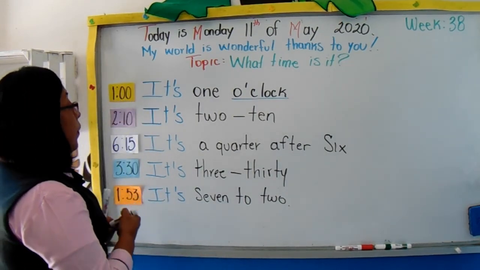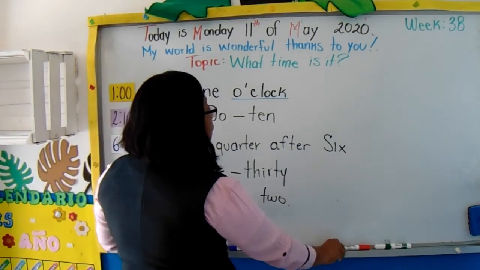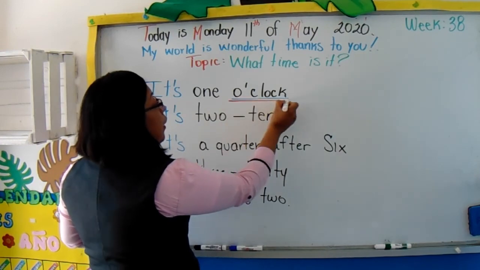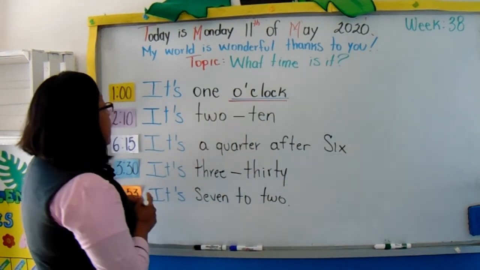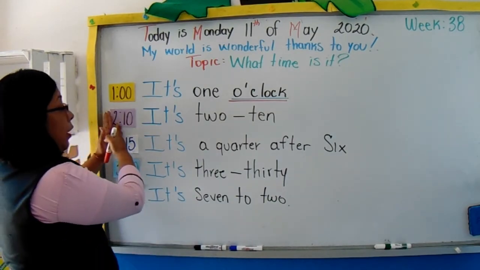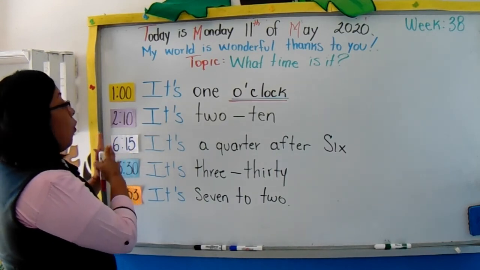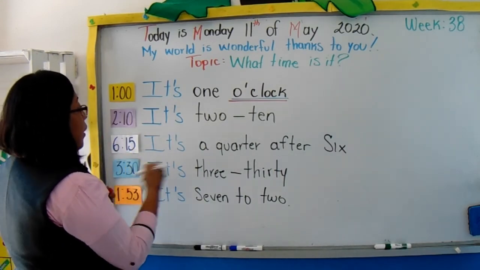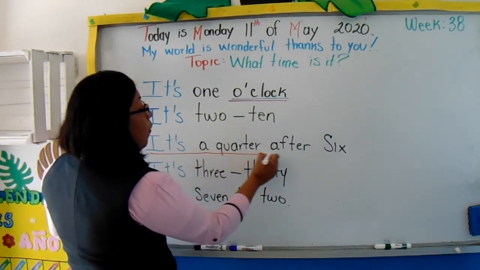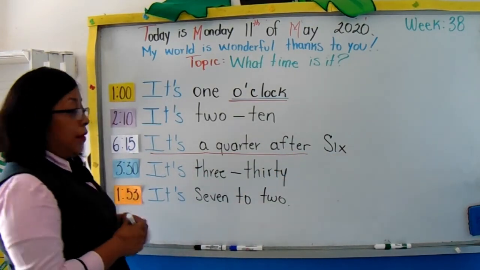Very good. So, again, cuando tengo horas en punto, entonces yo voy a mencionar el o'clock. Si tengo minutos pasados, menciono primero la hora y después los minutos. Si tengo cuartos, voy a mencionar el it's, a quarter after y la hora en la que estamos. ¿Sale?